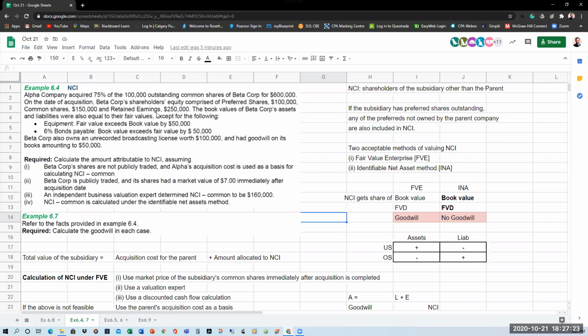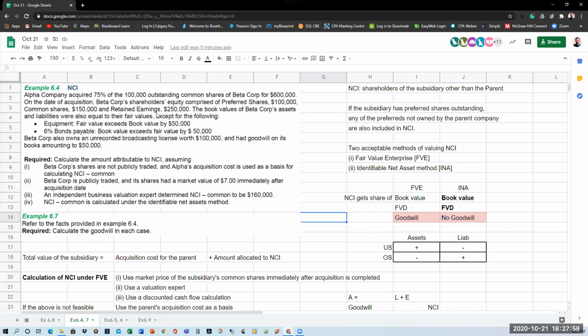In the case of purchase of shares, though, the situation is different, right? The two companies continue to operate separately. And so Beta Corp will continue to have its own balance sheet, and its assets and liabilities will be unaffected by the mere act of a majority of its shares being acquired by Alpha.